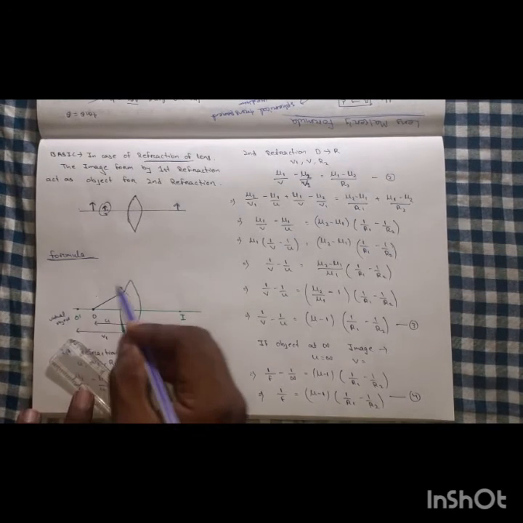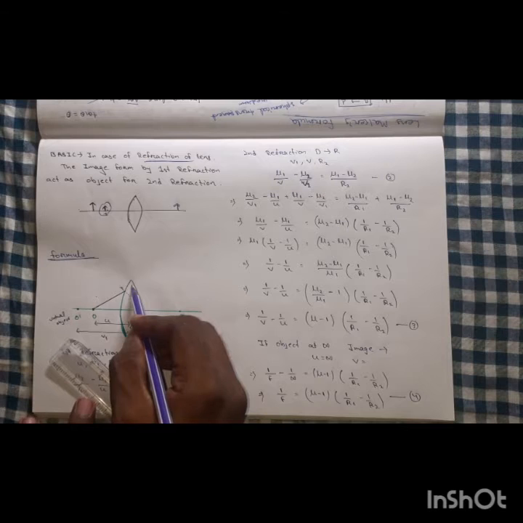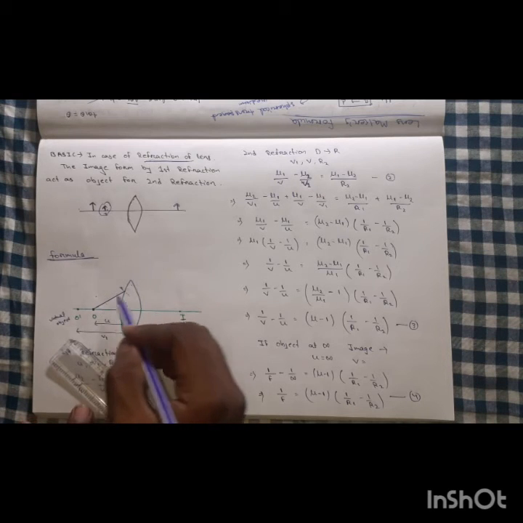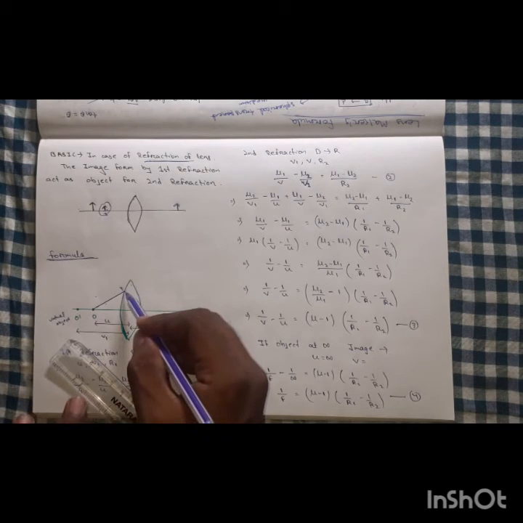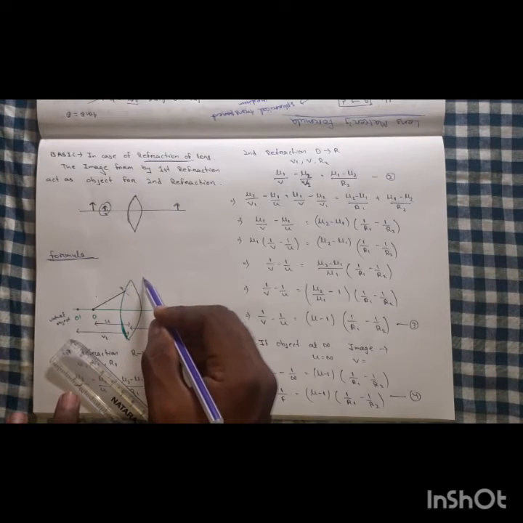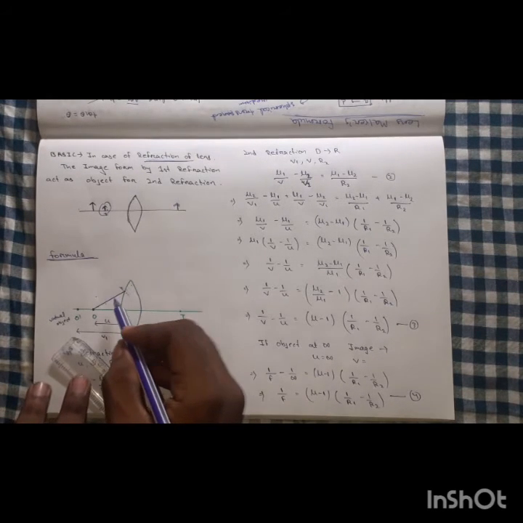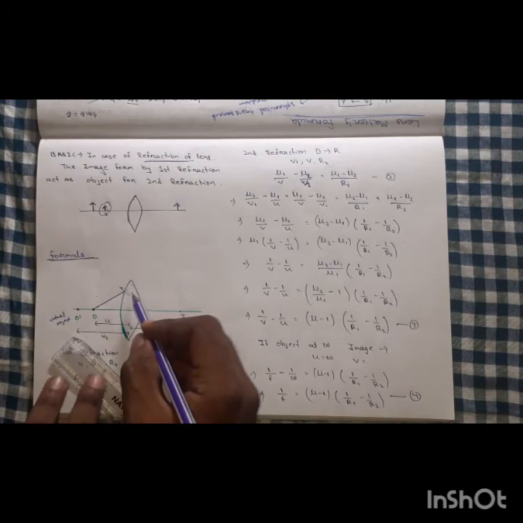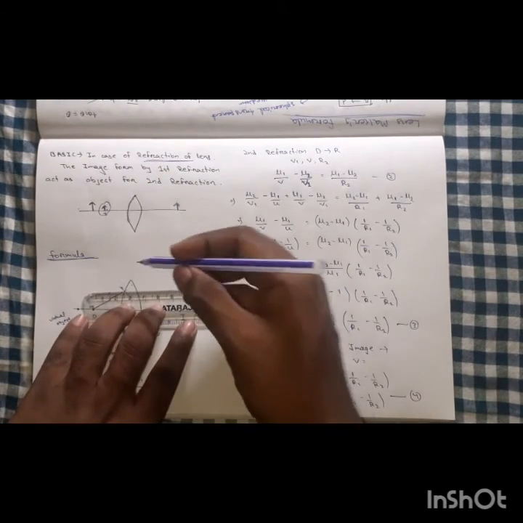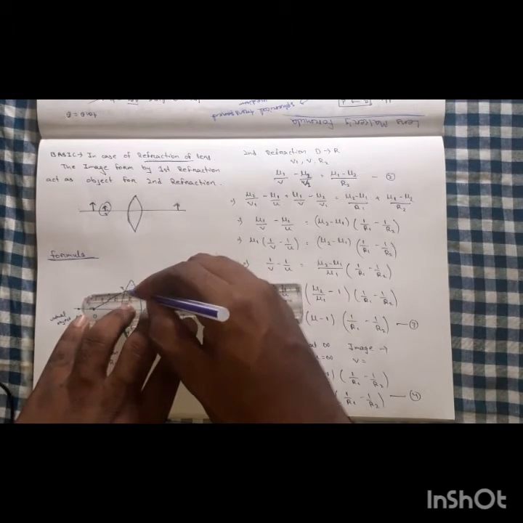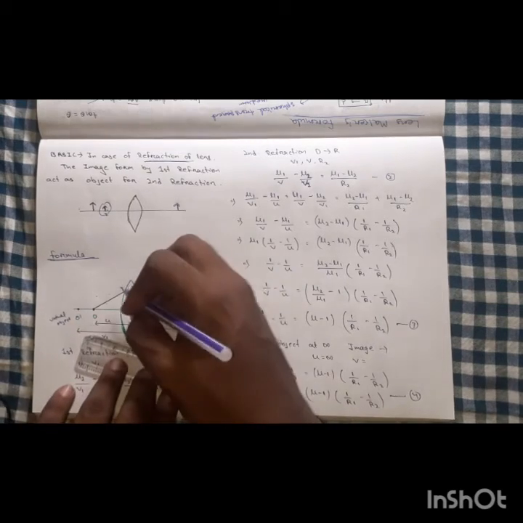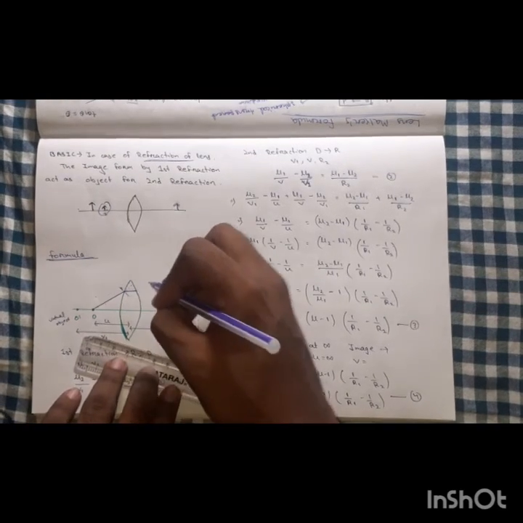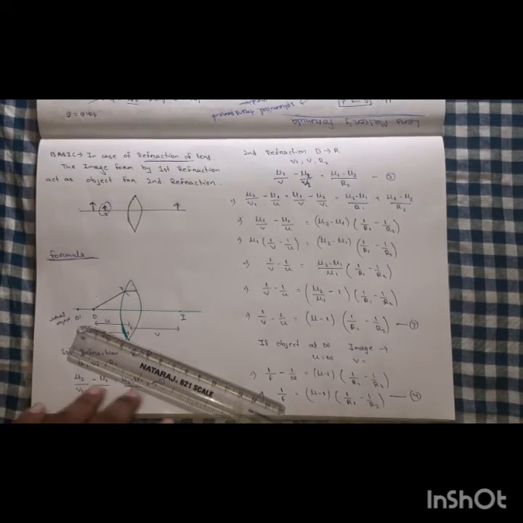It is the rarer medium and it is the denser medium. When light travels from rarer to denser medium, its original path will be this way, yes or not? It will bend toward the normal.